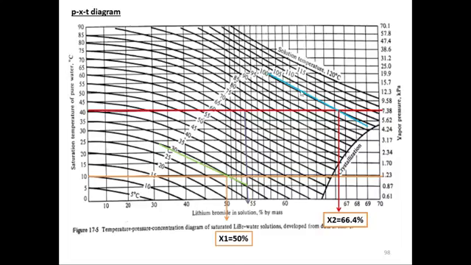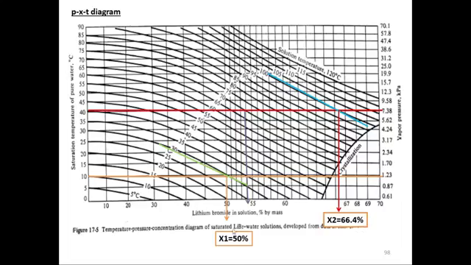The blue line is the solution temperature, as it reads here. So 100 degrees solution temperature is given, so we followed the 100 degree solution temperature line, and it crosses the condenser line at this point here. From there we look vertically downward, and we see that the concentration value along the x-axis is 66.4. So this is the concentration in the generator.